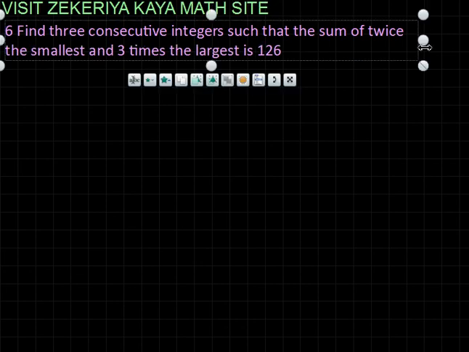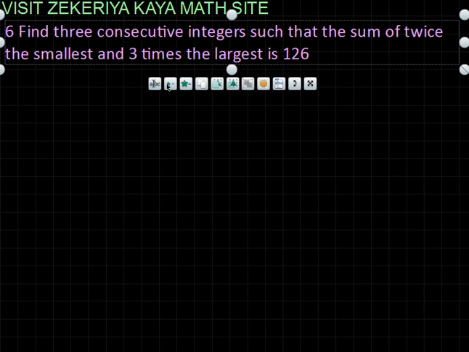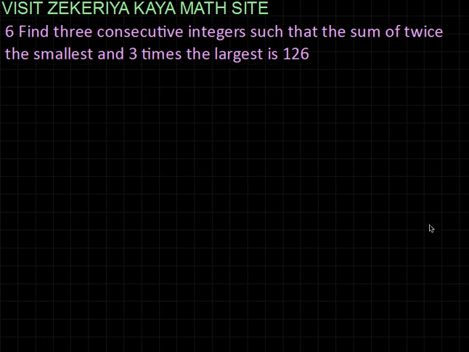What is the number of the question from homework? This is the 6th question from homework. The type is different in here.